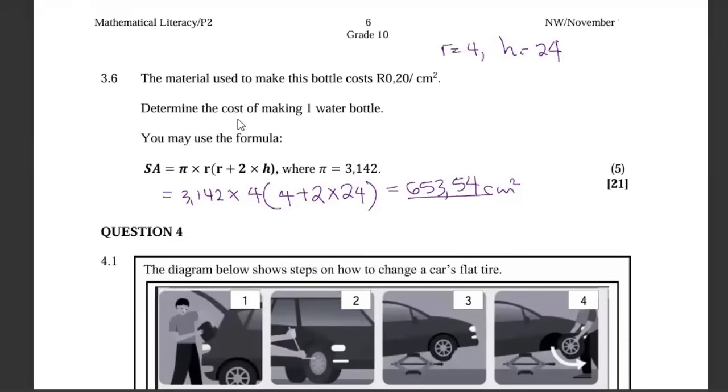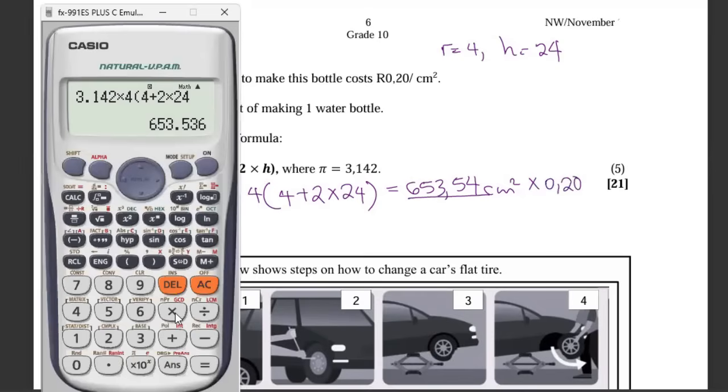But we are looking to determine the cost, so we shall multiply this by 0,20.